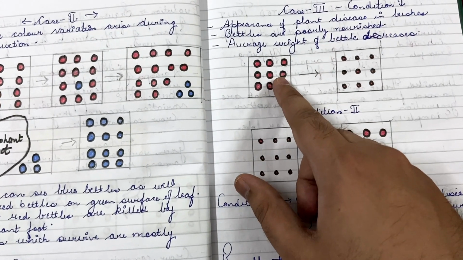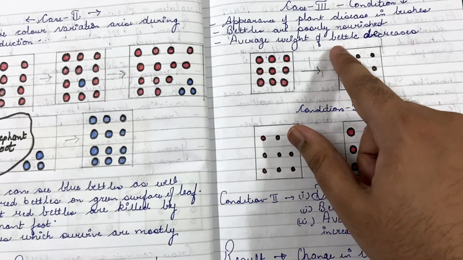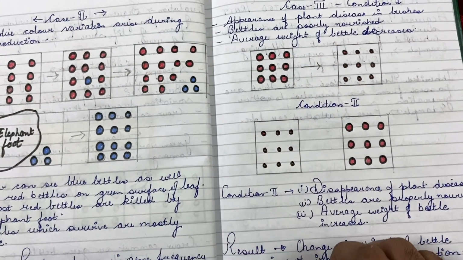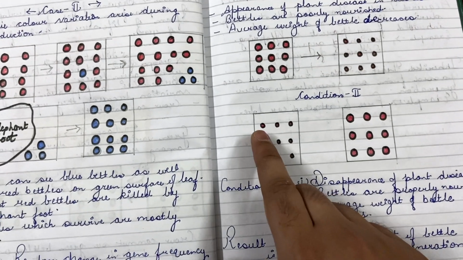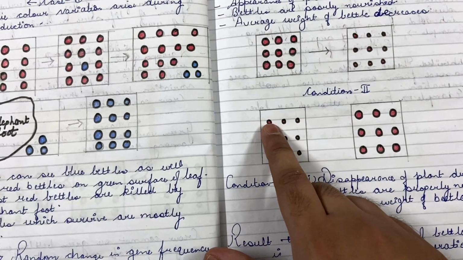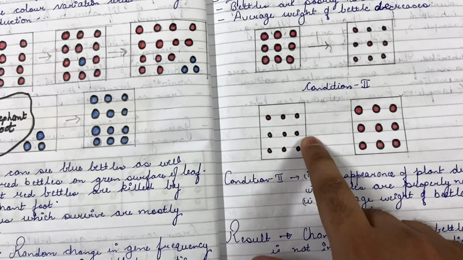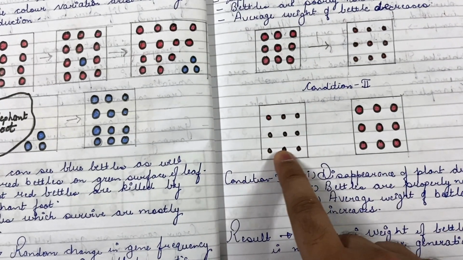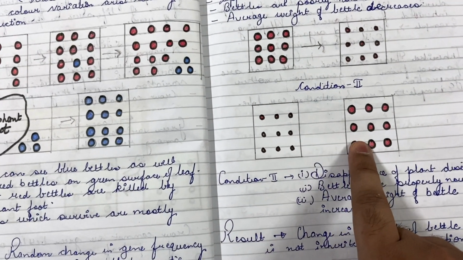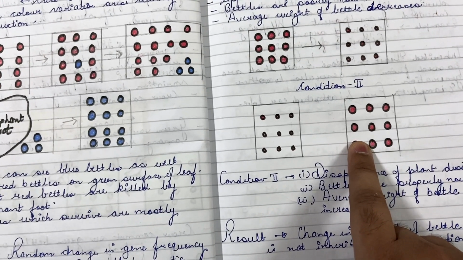So now the beetles are not getting nourishment. As a result, the average weight of the beetles has reduced. And in condition 2, the plant has recovered, and the leaf has recovered from the disease.